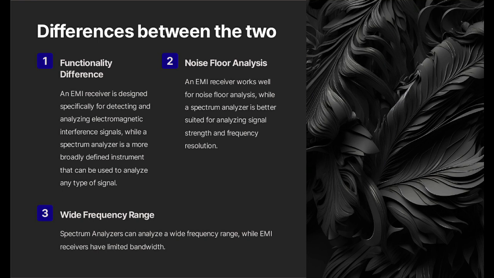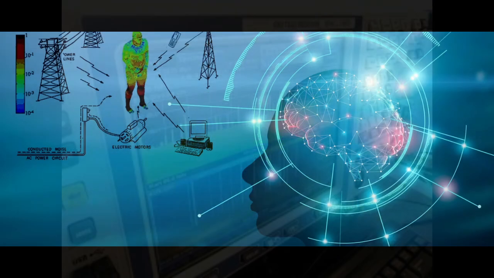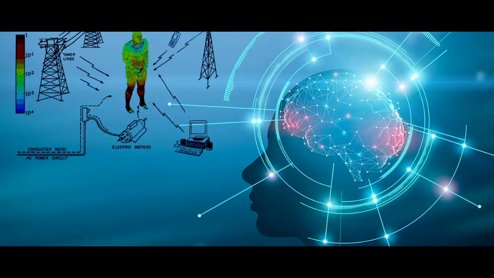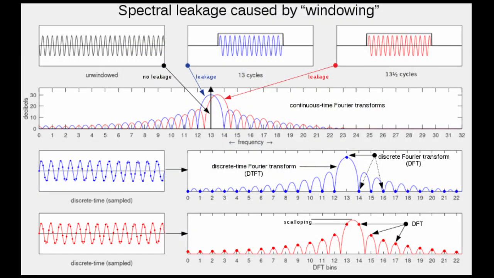The EMI receiver is a specialized instrument to detect and analyze electromagnetic interference signals, which are very dangerous and can interfere with other equipment. The EMI receiver detects and analyzes them. But the spectrum analyzer is nothing but to analyze any type of signals. It will not detect, it just analyzes any type of signals.